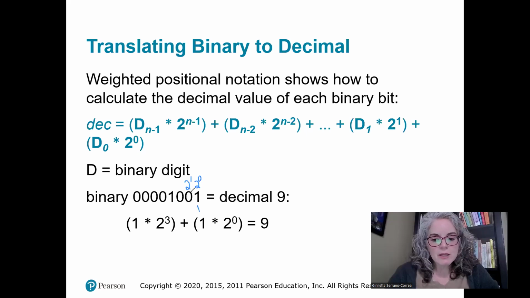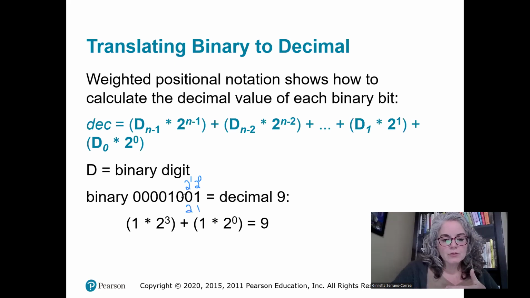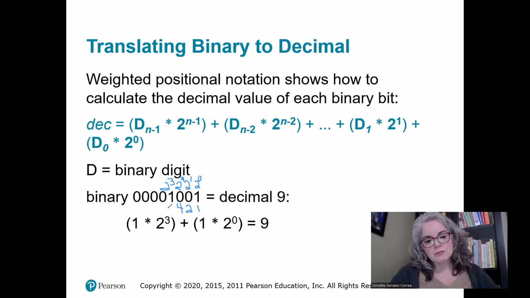2 to the power of 1 is 2. This is worth 2. 2 to the power of 2 is 4, so 2 times 2 is 4. 2 to the power of 3, 2 times 2 is 4 times 2 is 8.